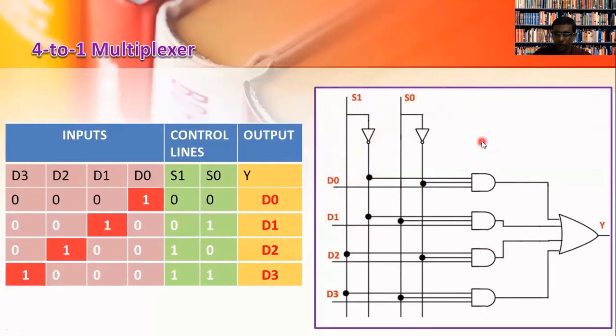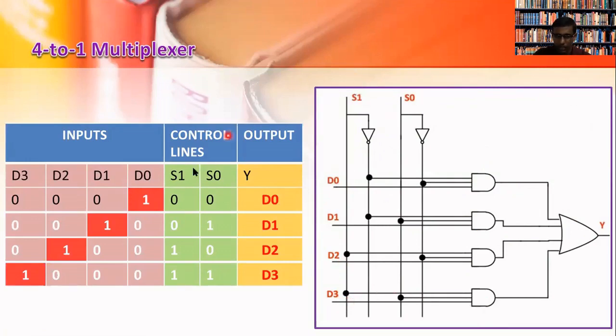This is the logic diagram of 4-to-1 multiplexer, in which we have 3 input AND gate, 1 OR gate, and 2 NOT gate. First of all, we are connecting input lines to each AND gate. D0 to the first AND gate, D1 to the second AND gate, D2 to the third AND gate, and D3 to the fourth AND gate.